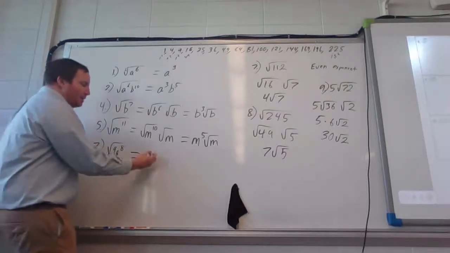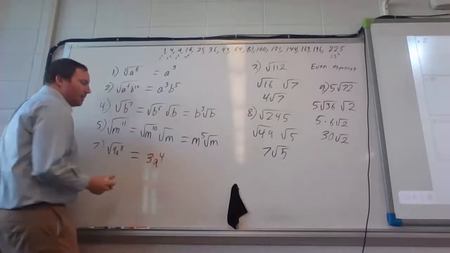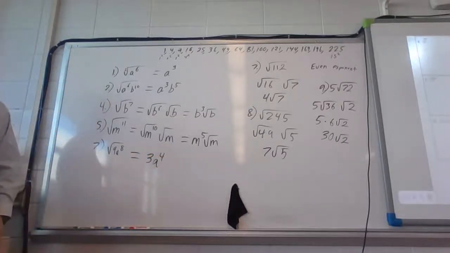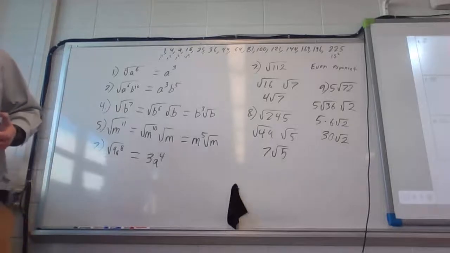Square root of 9 gets you 3, a to the 8, see that, a to the 4th. So, square root the actual number and then just divide by 2 for the variable. And that's if they're perfect squares.